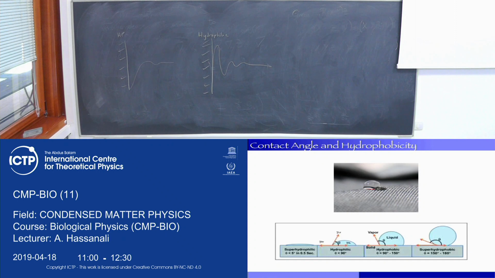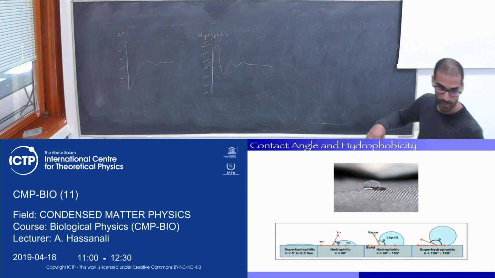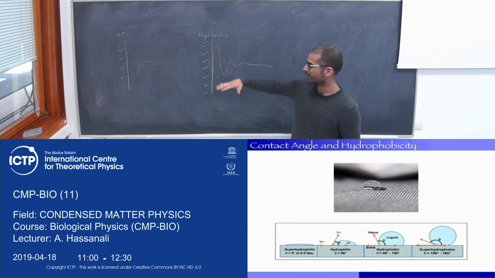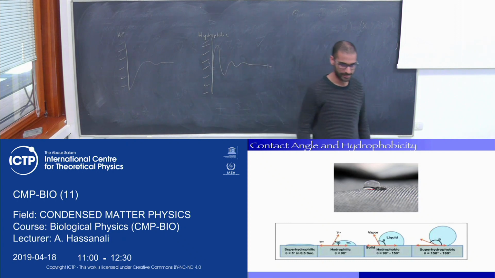But this is not what happens. It turns out that if you look at both hydrophobic and hydrophilic objects, the density correlations as given by the pair correlation both look like this.